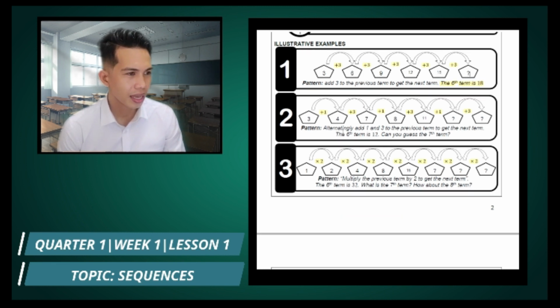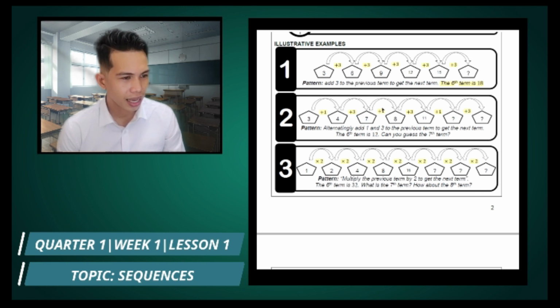For the second illustrative example, we have the sequence 3, 4, 7, 8, 11, and then 2 unknown terms. It says that the pattern alternatingly add 1 and 3 to the previous term to get the next term. So add 1 and 3. Starting on our first term, add 1, we will have 4. And then add 3. 4 plus 3, we have 7.